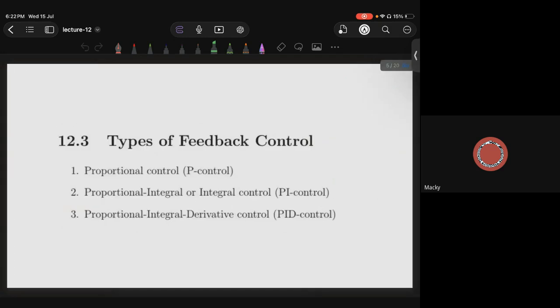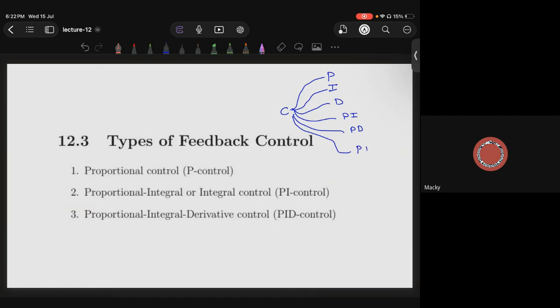Okay. So in the feedback control, we will have different types. Basically, we will go with the proportional controller, integral controller, and derivative controller. Then combinations: proportional integral controller, proportional derivative controller.